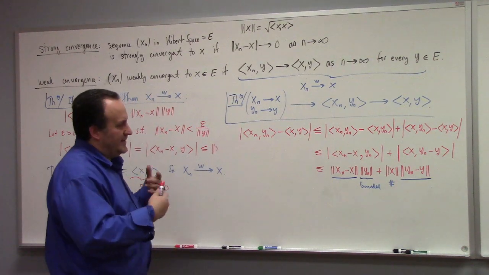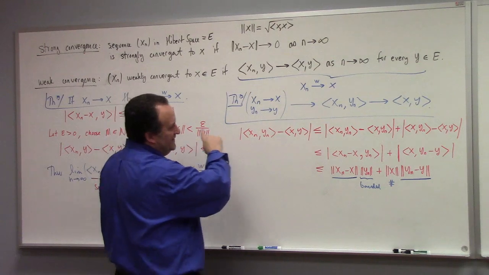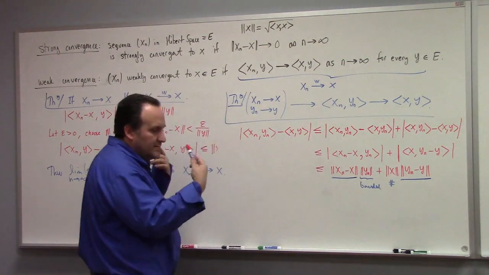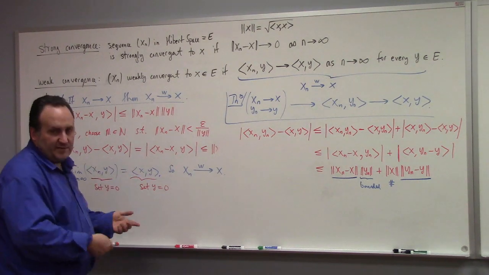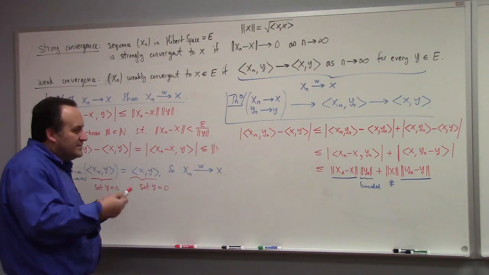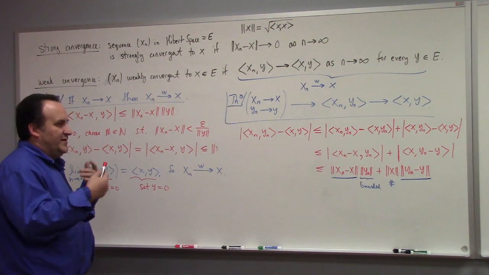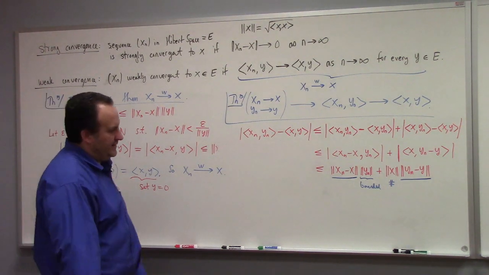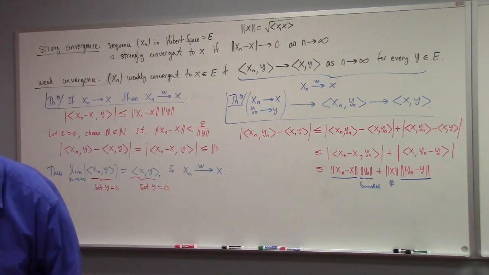In the case that x is equal to 0, it's easier. In the case that y is the 0 sequence, it's also easier. We've got the bound already.